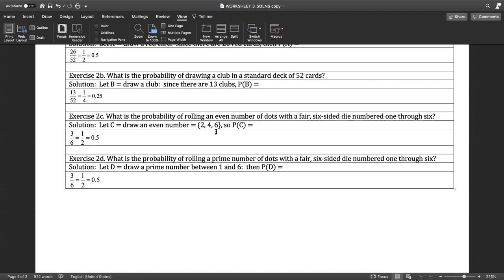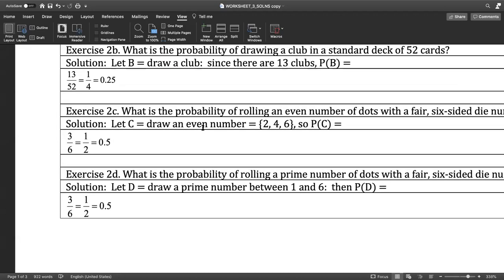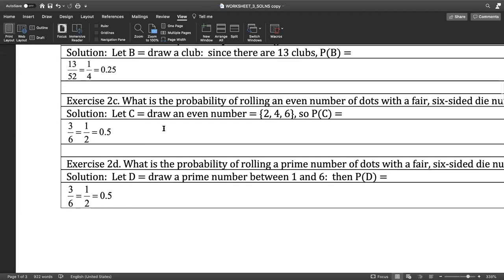Any other roll would come up odd. So the complement of the even numbers is the set of odd numbers. There are 3 even numbers out of the 6 faces that could appear in your experiment. So again, we get 1/2, 3 out of 6.